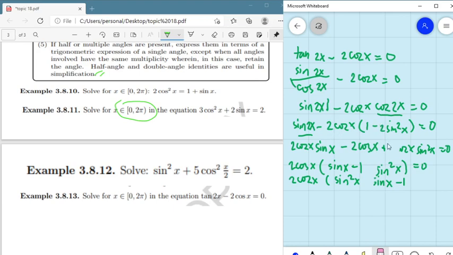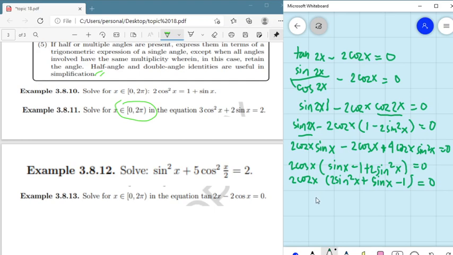This one times this one is equal to positive 4 cosine x sine squared x. So we factor out the 2, positive 2 sine squared x plus sine x minus 1 equals 0. Okay?